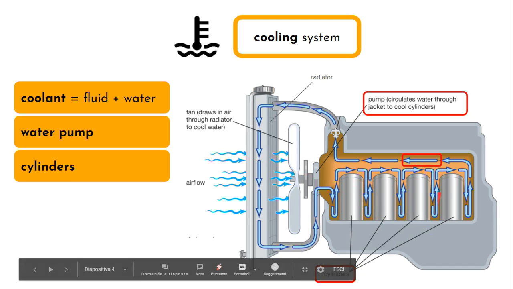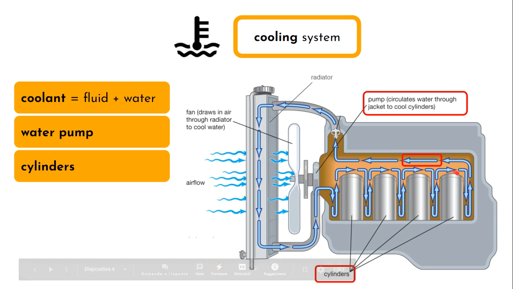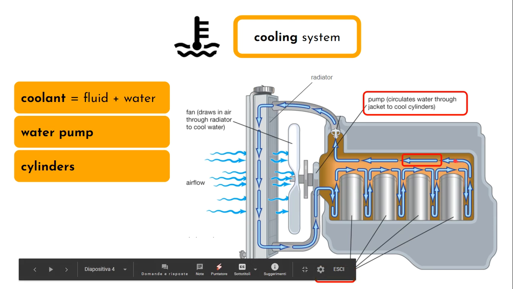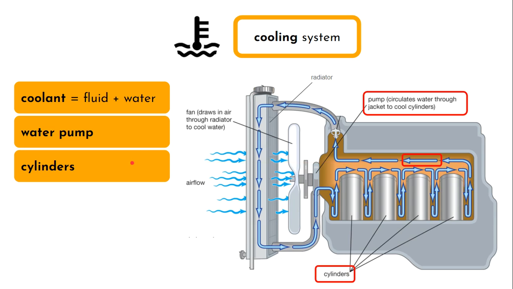So the cylinders have to be kept cool, tenuti freddi, as far as possible, per quanto possibile. Or at least they mustn't reach certain temperatures. They mustn't overheat. Non devono surriscaldarsi, overheat.